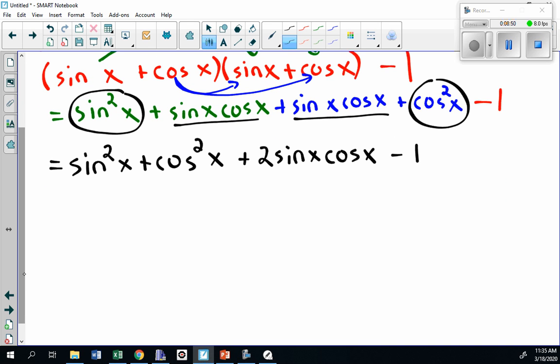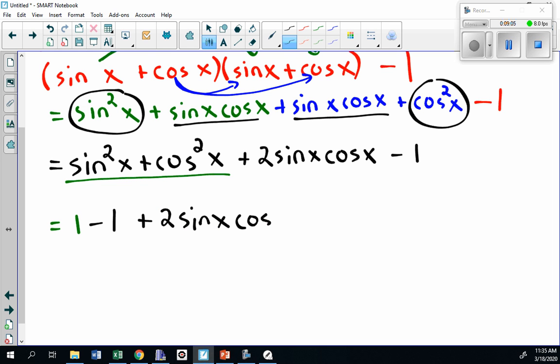Now, as I already said, sine x squared plus cos x squared, well, that's equal to 1. This minus 1, I'm going to put right next to this other one, and then I'll still just rewrite 2 sine x cos x. And now I have 1 minus 1, well, that's 0, so I'm just left with 2 sine x cos x.